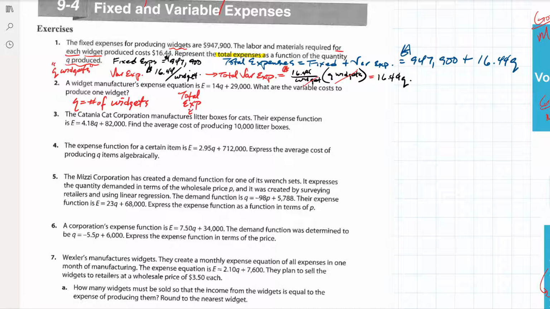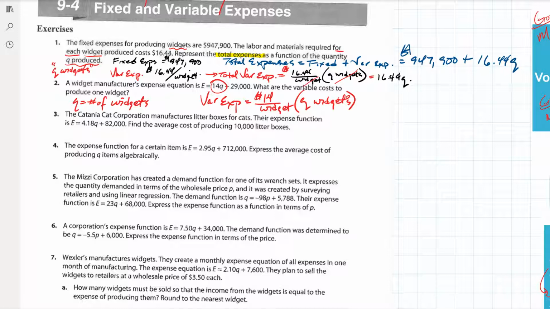So when we're talking about E, that's your total expense right here. E is going to be equal to 14 times Q, and again it's $14 times Q. So this right here is going to be your variable expenses. We'll just make it a little simplified here. So it's going to be $14 per widget times Q. Q represents widgets, as I said earlier. So the variable costs to produce one widget is going to be equal to 14, because that's the price.